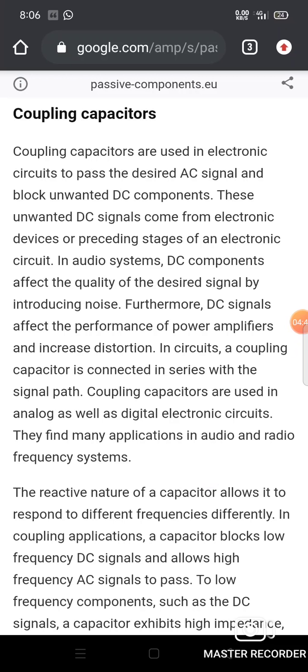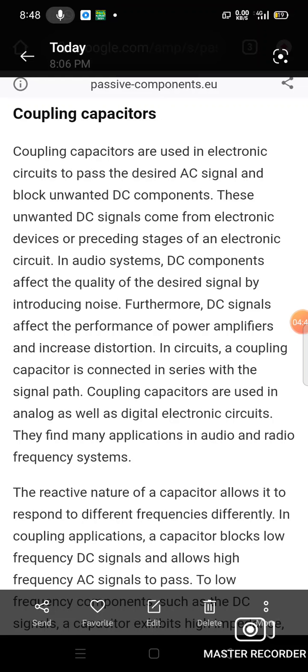In the circuits, a coupling capacitor is connected in series with the signal path. In the previous amplifier circuit diagram, the two capacitors C1 and C2 are connected in series. The first capacitor, the base terminal capacitor, is connected in series with the signal path of the applied signals.